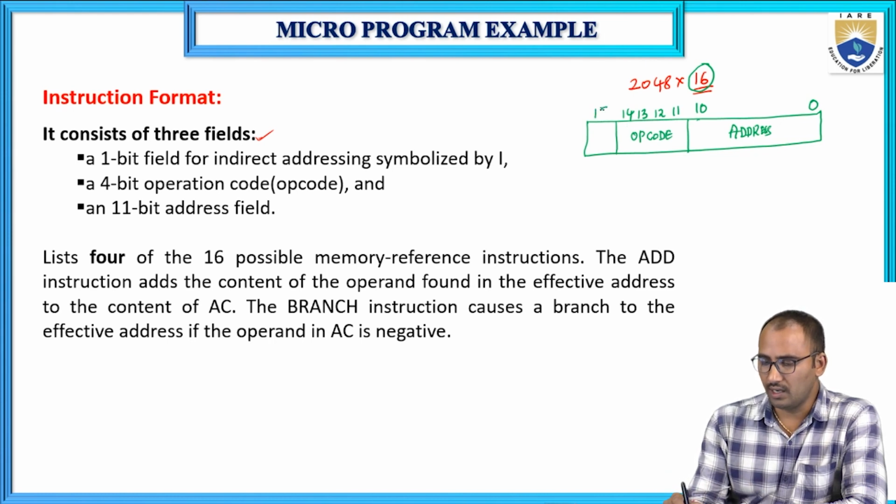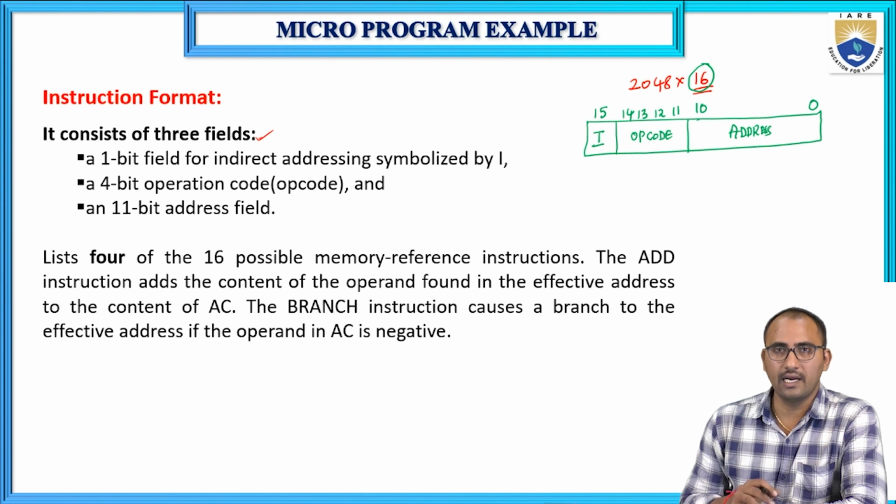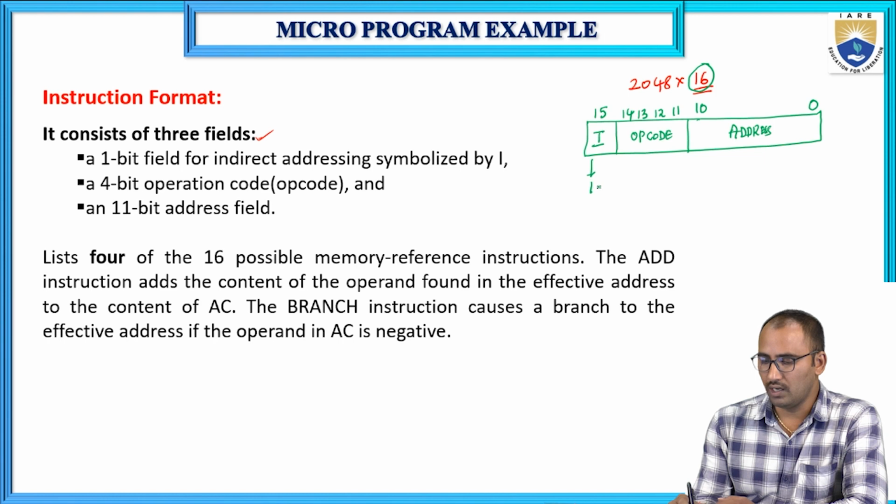And the next one is the 15th bit. So the 15th bit is I. I means indirect bit. That means whether the instruction is having direct address or indirect address. So that will specify this. If I is equal to 1, that is an indirect address.